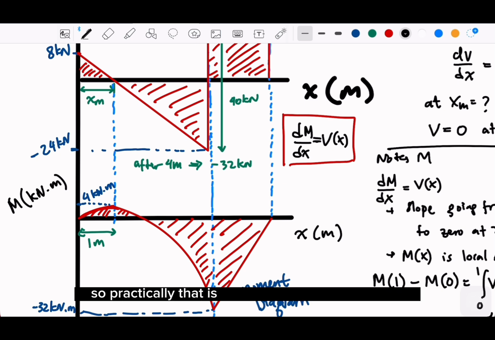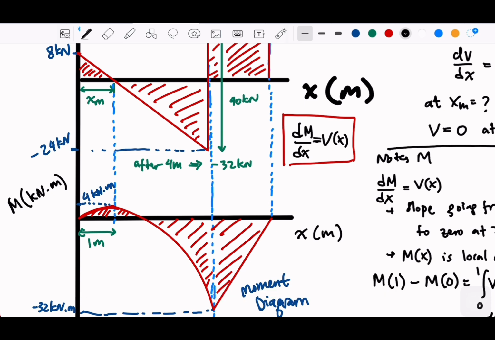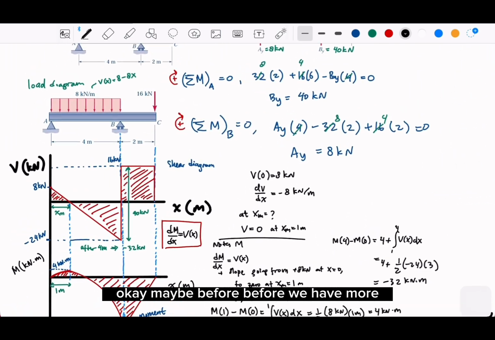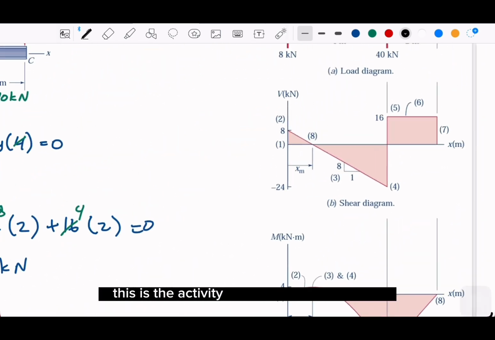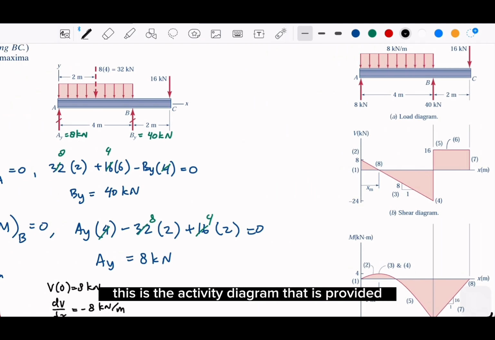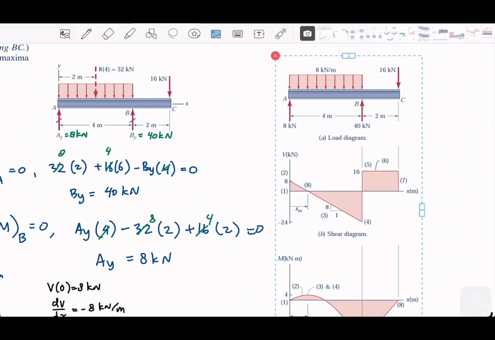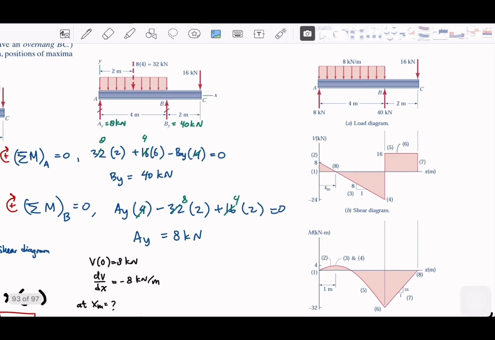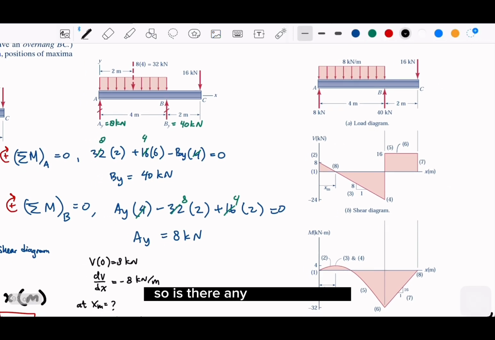So practically that is the equilibrium of the beams. Okay, maybe before we have more, this is actually the diagram that is provided. So is there any questions first?